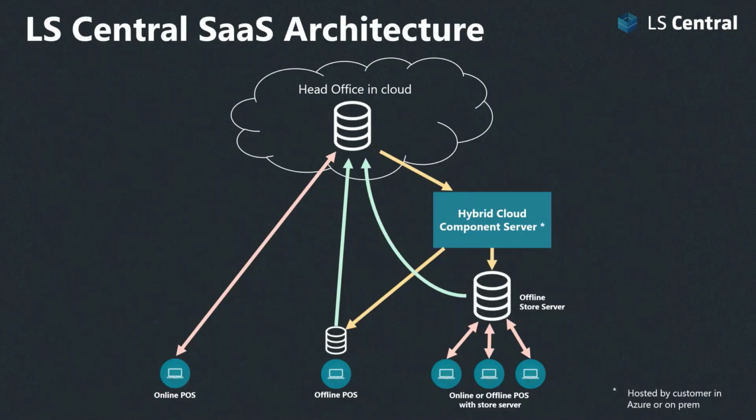Hybrid Cloud gives us the ability to have the same POS architecture structure for the cloud as the on-prem solution. In the first releases of our cloud solution, we only offered online POS, where we had our current HTML-based POS, or what some people call web POS, connected directly to the cloud.